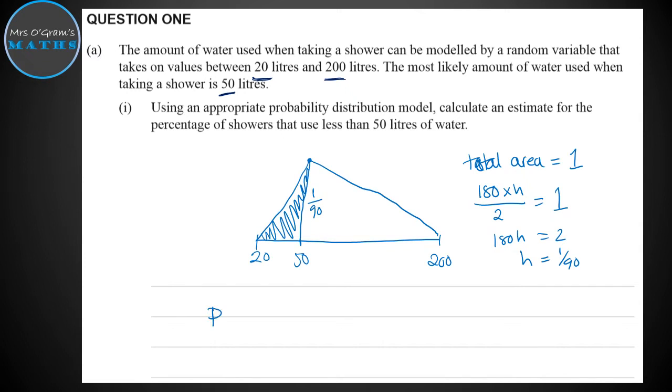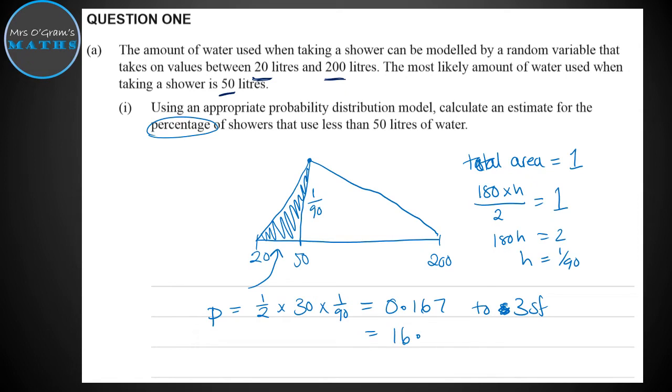Now we can work out the probability, which is the area of this part, which is half base times height again. Half of the base, which is 30, multiplied by the height, which is 1 over 90. And if you put that into your calculator, you get 0.167 to three significant figures, which we've been asked to show as a percentage. So we'll just turn that into 16.7%.